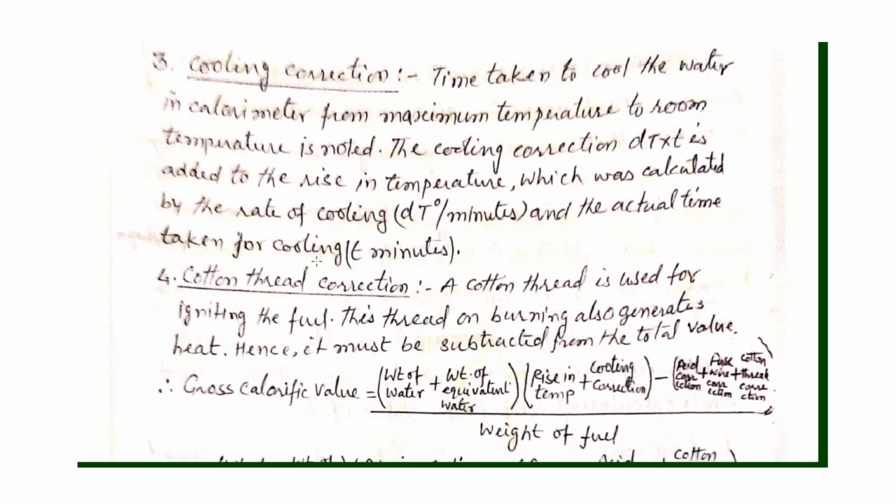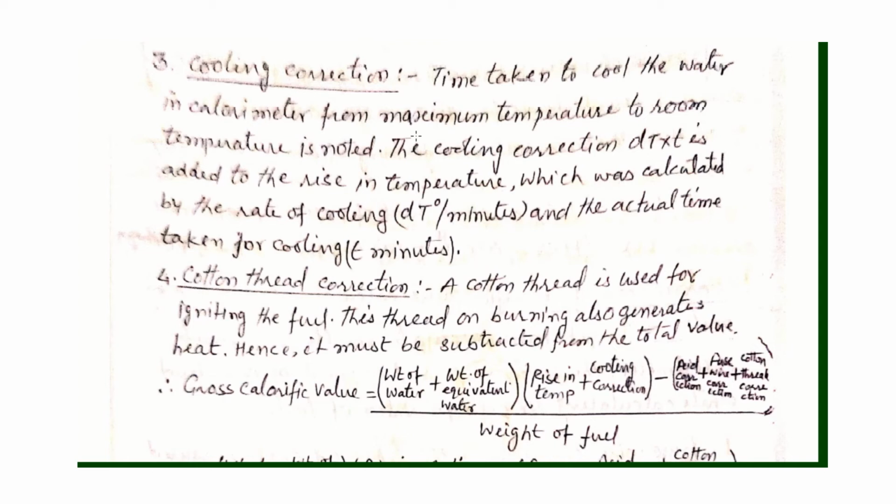After the experiment is the cooling correction: the time taken to cool the water in the calorimeter. Once the calorimeter water absorbs the heat and the temperature increases from T1 to T2 degrees centigrade, we should not open the bomb calorimeter, and we have to cool it again to room temperature.